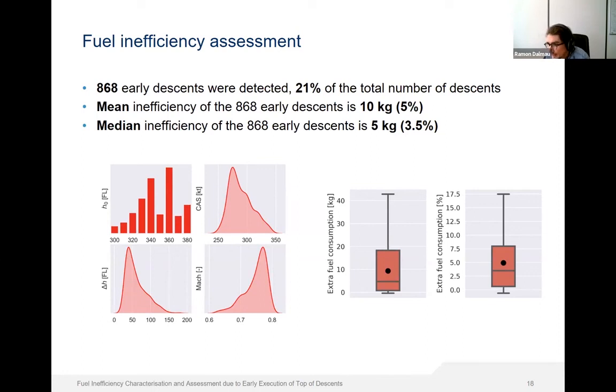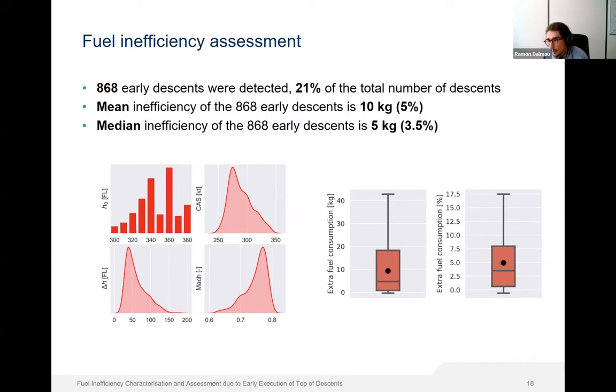And the figure on the right shows a box plot of the extra fuel consumption, in absolute terms on the left and in relative terms on the right. According to this figure, the estimated mean extra fuel consumption caused by early top of descents in Airbus A320 trajectories in the terminal area of Amsterdam Schiphol Airport during April 2018 was around 10 kilos, which represents a 5% increase when compared to the fuel consumption of the idle thrust trajectory plans.